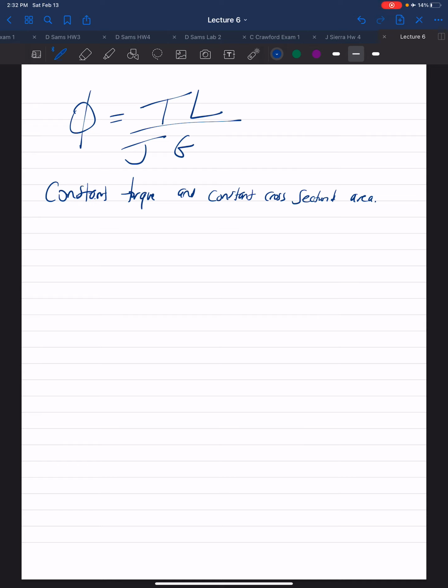But if the shaft is subjected to multiple torques, or the cross-sectional area changes, or the shear modulus or the material changes, then you have to compute this for each segment that is the same.